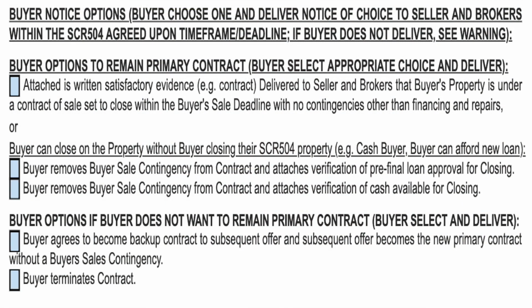The very first one is attached is written satisfactory evidence, example the contract, delivered to seller and brokers that buyer's property is under a contract of sale set to close within the buyer's sale deadline with no contingencies other than financing and repairs. So basically it's that buyer delivering to the seller, in what is known as Section A of Form 504, the documentation that the buyer's property is under contract.